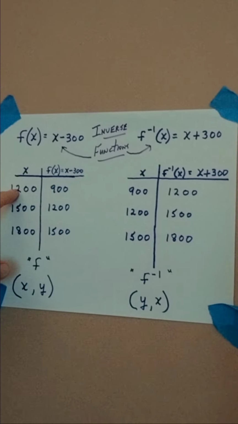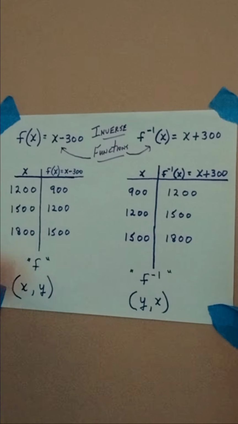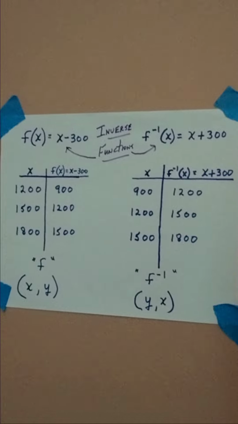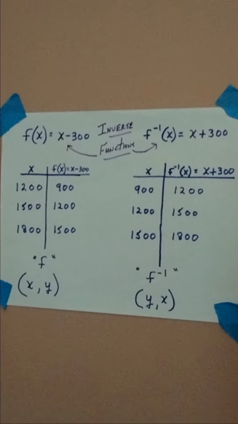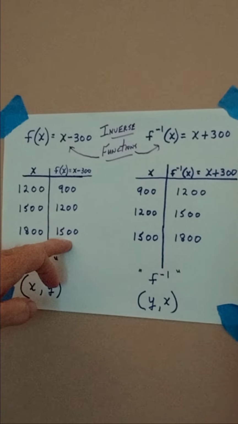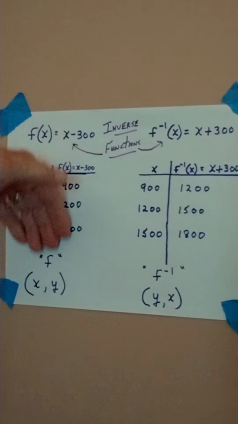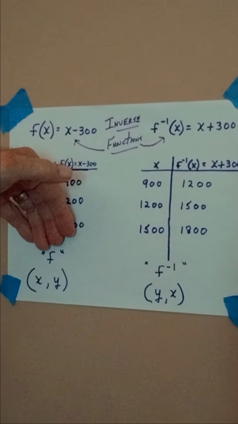So 1200 minus 300, 900; 1500 minus 300, 1200; 1800 minus 300, 1500. That's the first operation that was done in f, so to speak.